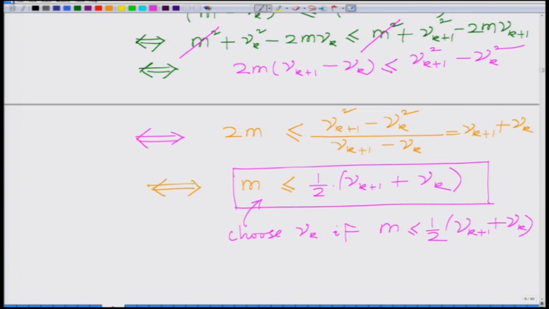That is the whole point: we choose nu k if m is less than or equal to half of nu k plus 1 plus nu k, and therefore automatically the threshold becomes m k, which is half of nu k plus 1 plus nu k. So, if m is lying to the left of this threshold, you are choosing nu k.